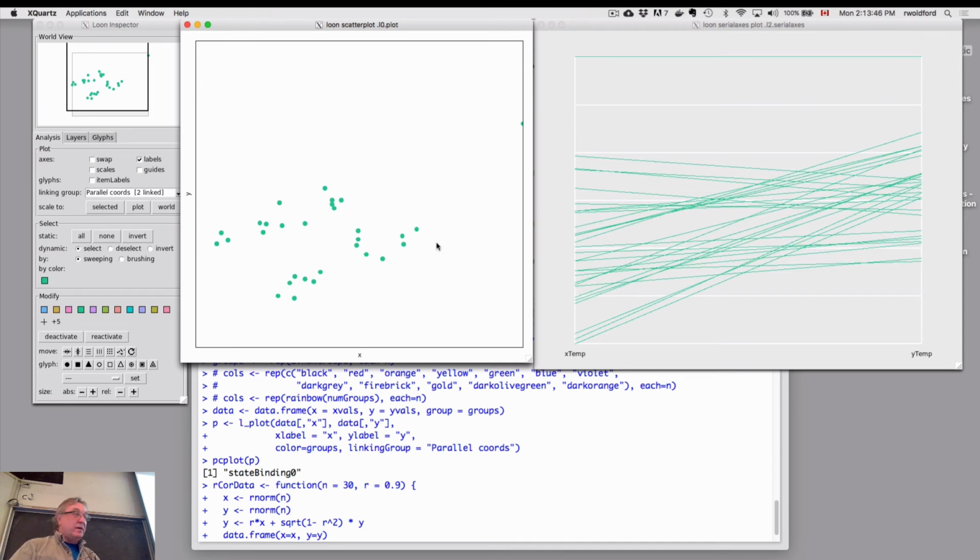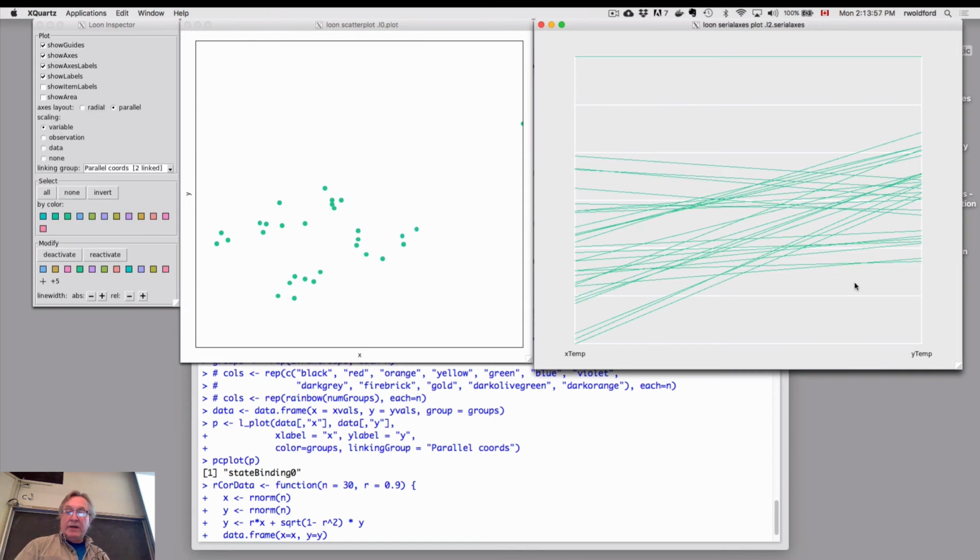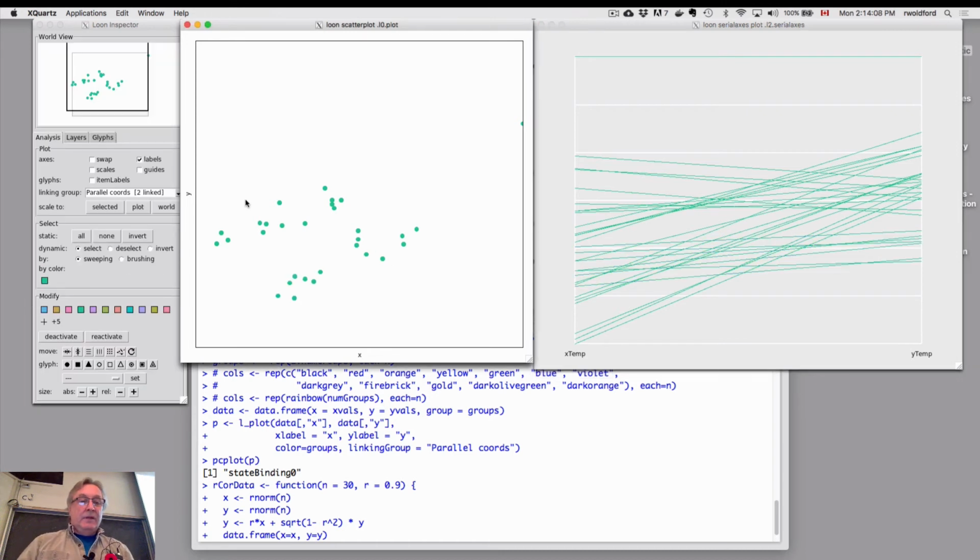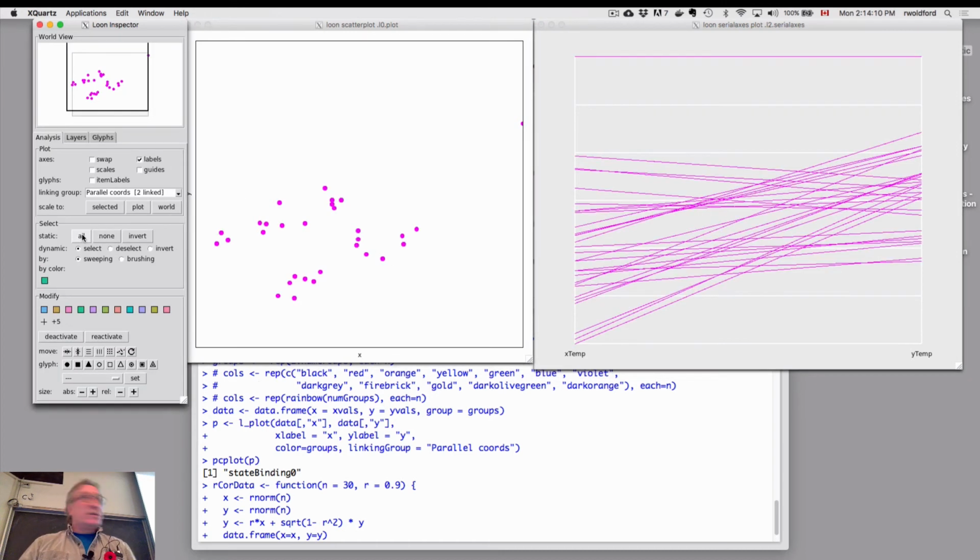So that group is negatively correlated, but any of these subgroups seem to be positively correlated. You might want to identify them over here, select them with a brush on the lines, and see that it's in fact the same group. Stop me if you have a question.